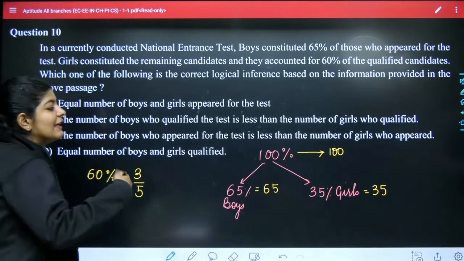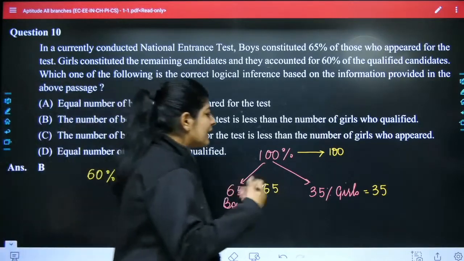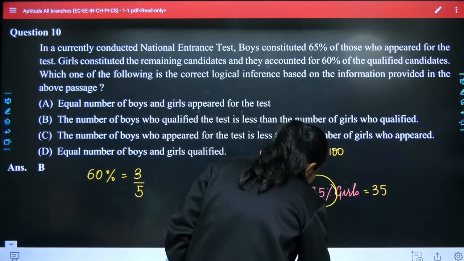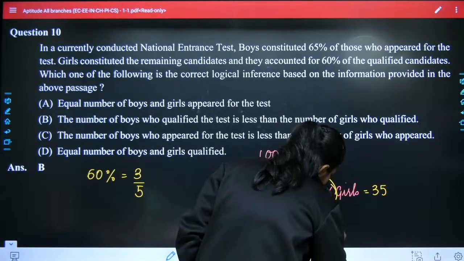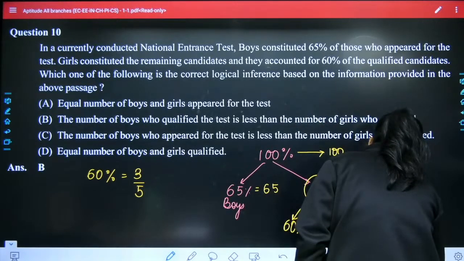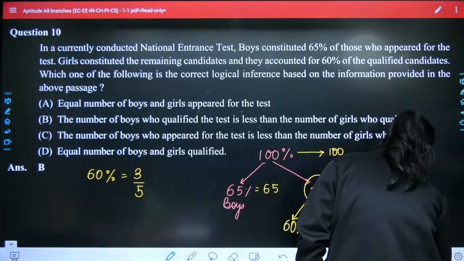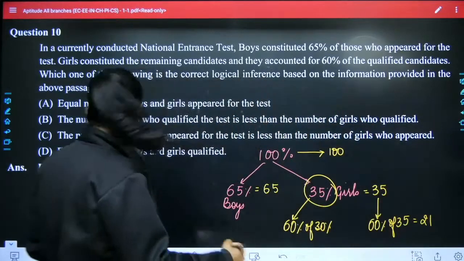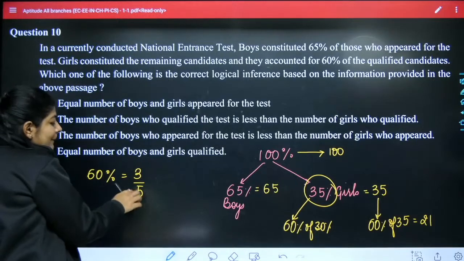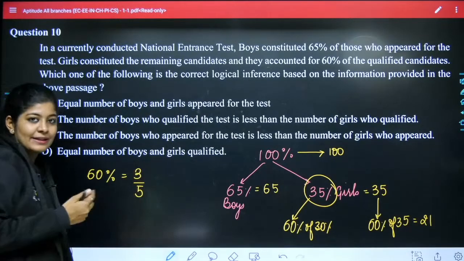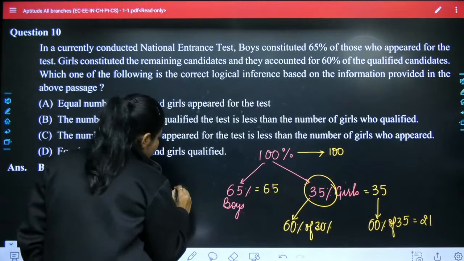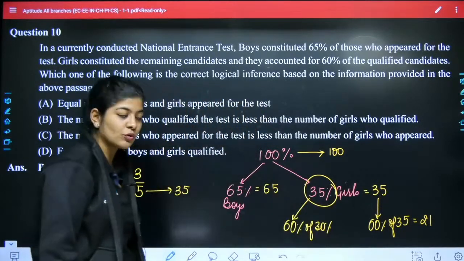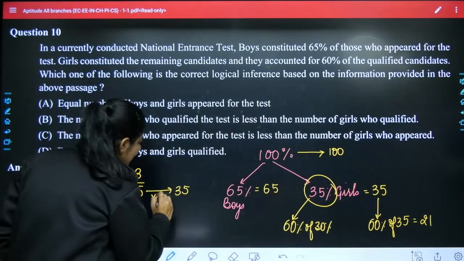That means we can calculate 60% of 35, that is equal to 21. Or from this, if the total is 35, because it is given that 35 is the total number of girls, then it is a multiple of 7.